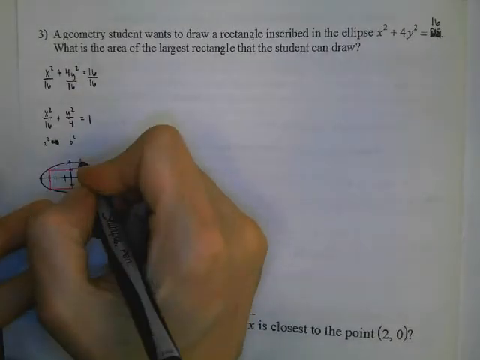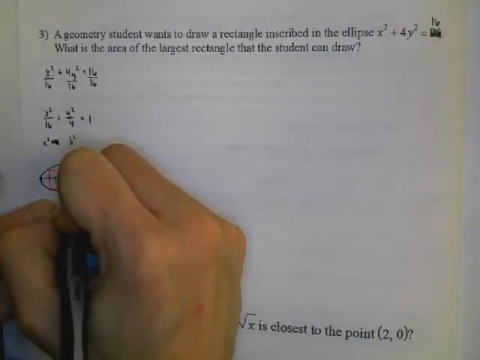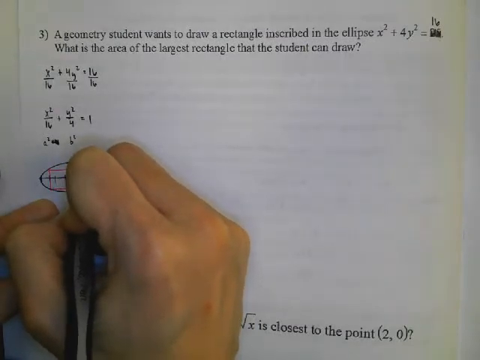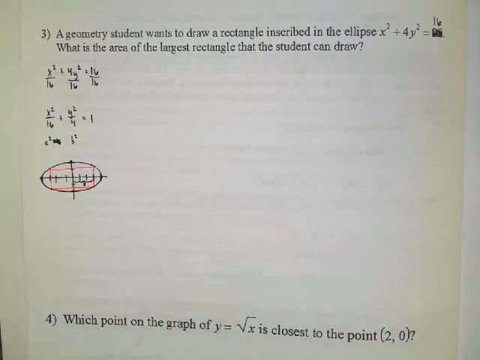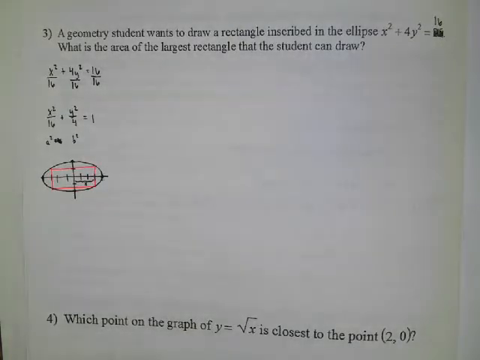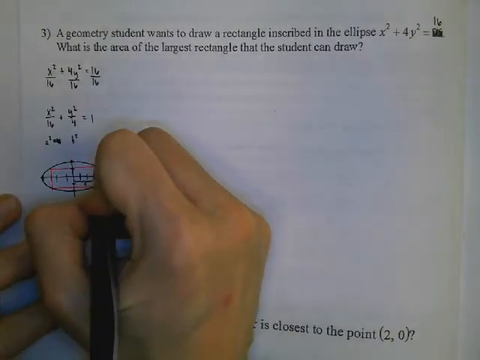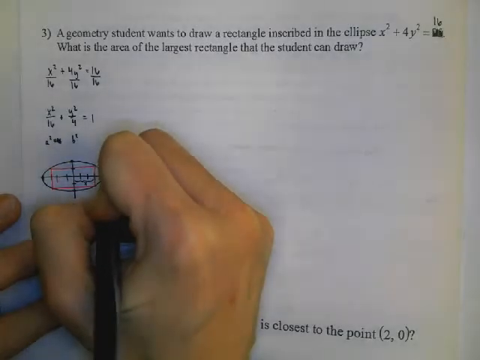So here's what I'm going to do. I'm going to call this distance here x, and I apologize that this is so small. And then I'm going to call this distance here y.